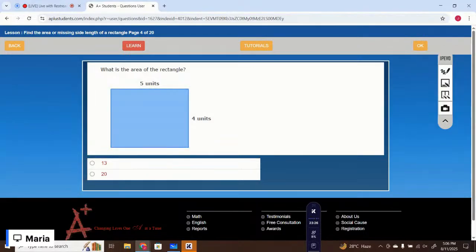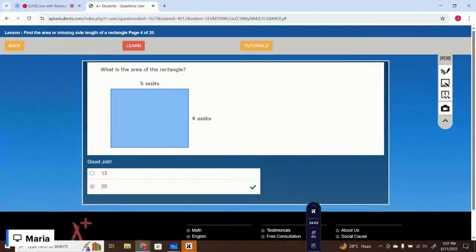What is the area of the rectangle? That is 20. Option number 2 is the correct option.